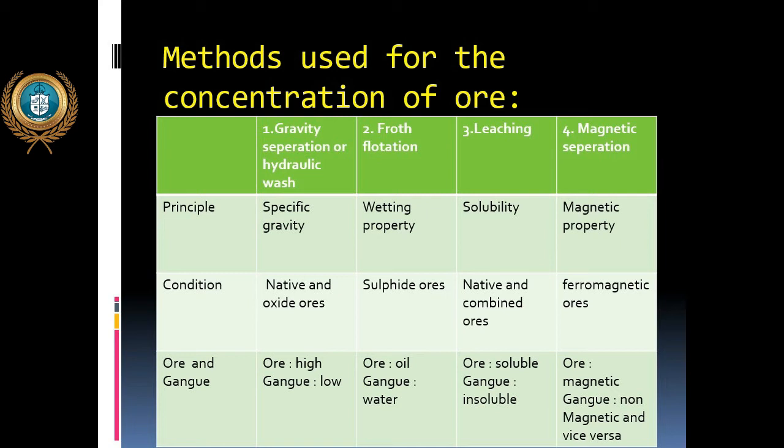Then for leaching, the nature of ore is soluble and the nature of gang is insoluble. And for magnetic separation, the nature of ore is magnetic and impurity is non-magnetic, and vice versa, which means ore can be magnetic and gang non-magnetic, or else ore can be non-magnetic and gang magnetic. So in both conditions we can use the magnetic separation method.